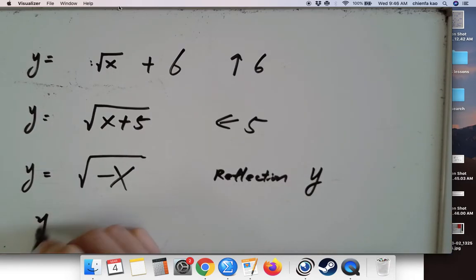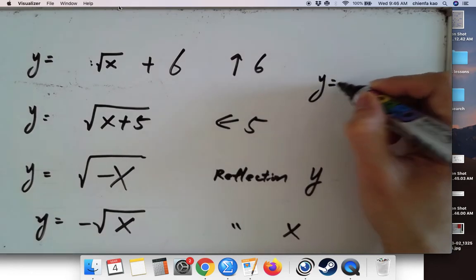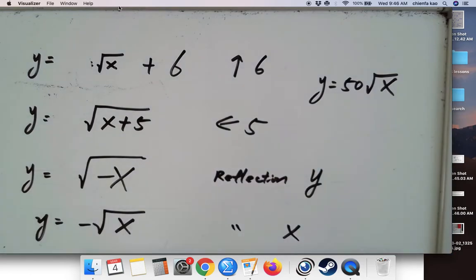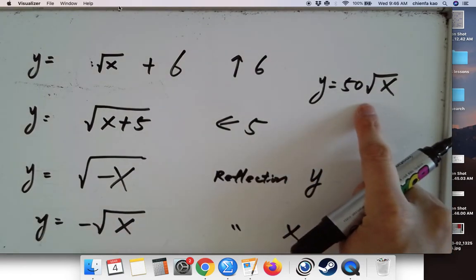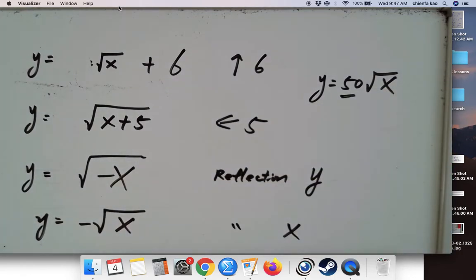And then this one is a reflection across the x-axis. So reflection across the x. Okay. What about this one? If you put in 50 square root of x. Okay. This one will be a vertical stretch by a factor of 50. Okay, that's enough review.